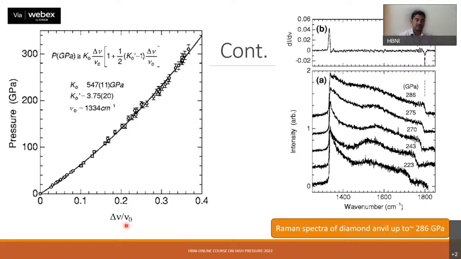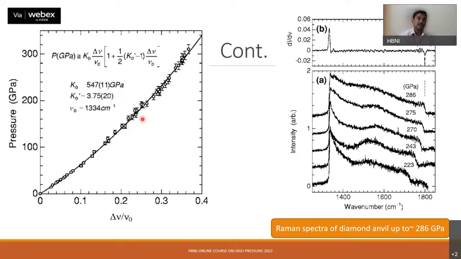So they normalized delta nu with respect to nu zero and plotted it with respect to pressure. And this has been fitted with a nice equation: P in GPa is K0 times delta nu by nu zero times 1 plus 1 by 2 times K0 dash minus 1 times delta nu by nu zero. You see here that K0 comes out to be 547 GPa, and K0 dash is 3.75.